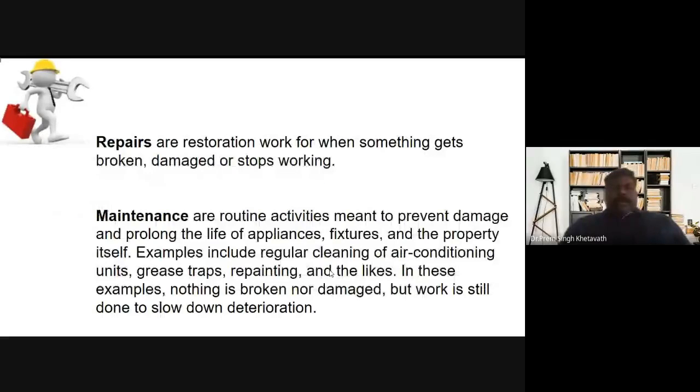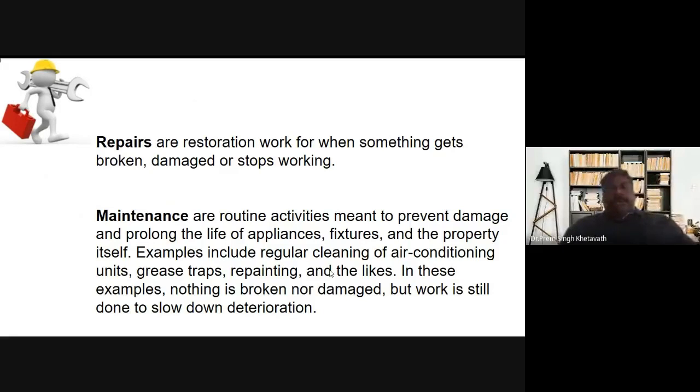Repairs. Repairs are restoring work when something gets broken. So we need to repair something means something has stopped, been damaged, or is not working. If it is not working, we need to go for repairs.